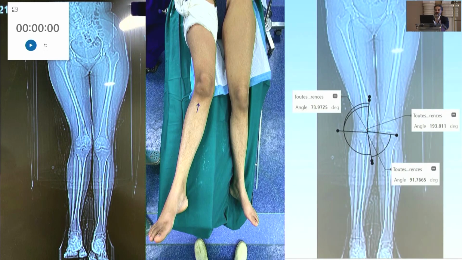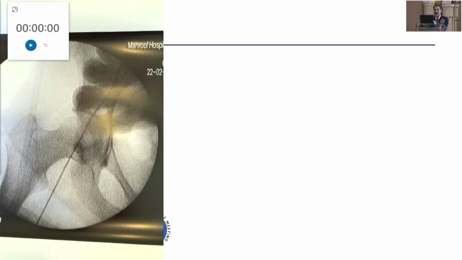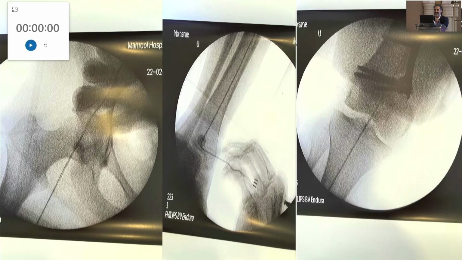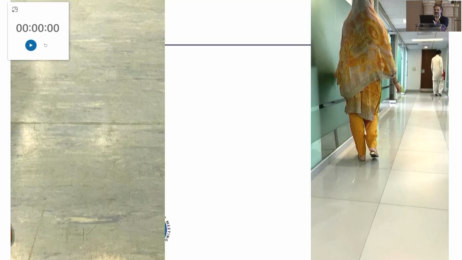I don't have the software, but if I email it through, he comes up with a plan for me to decide whether I'm just doing 1 bone, 2 bones, and which ones. So what I end up doing intraoperatively is I put an ECG lead, or that ECG sticker, at the center of the ankle, and I've just got this diathermy lead that gives me an idea once I've done the correction.